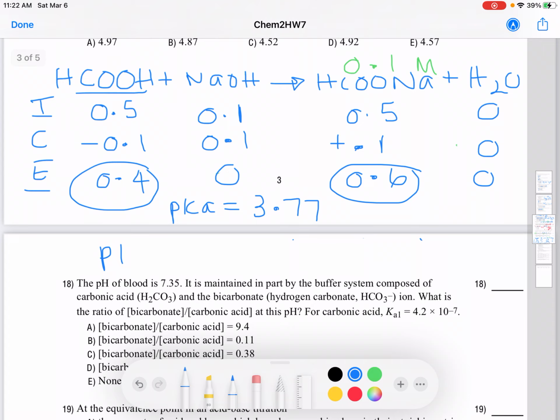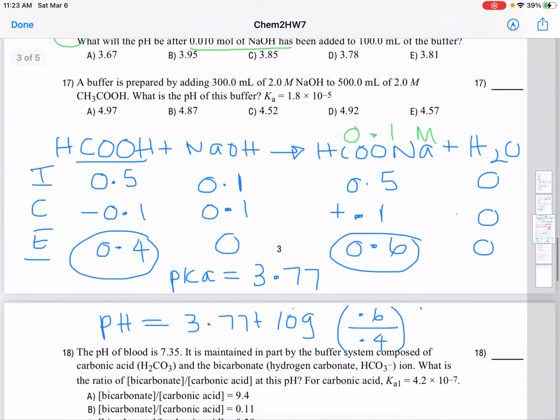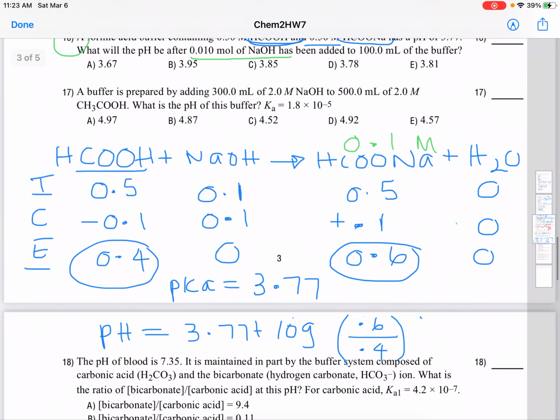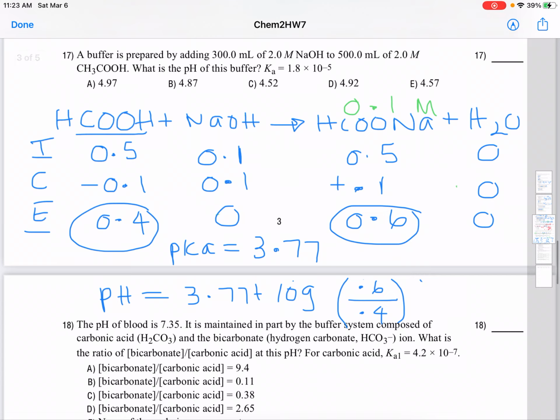So pH equals 3.77 plus log of the base component, 0.6, over the acid component, 0.4. Take 0.6 over 0.4, that would be 1.5, and then take the log and add it to 3.77. That will give you the pH. Alrighty, that's how you would do number 16. And number 17.